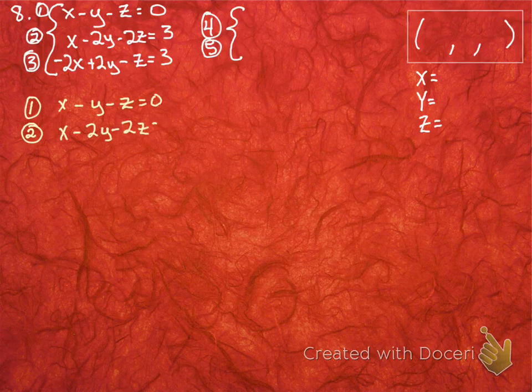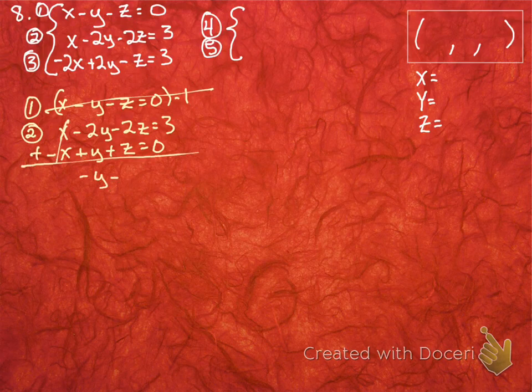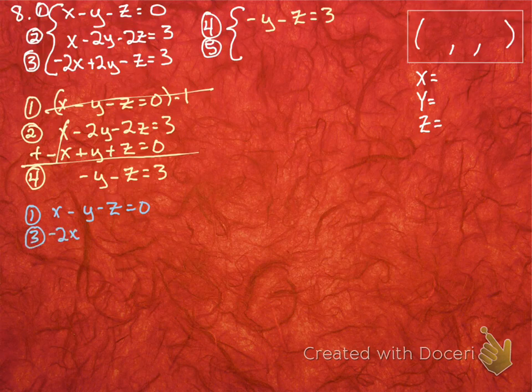So we're going to multiply the first one by -1. We end up with equation 4 as -y minus z is 3.